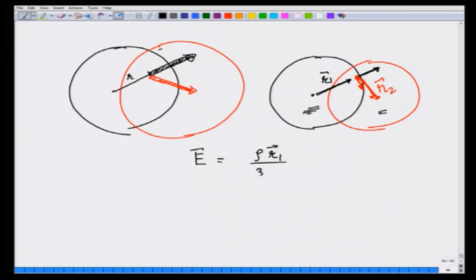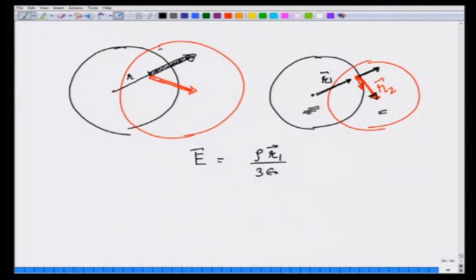r1 divided by 3 epsilon 0, and since r2 is already in the direction of the electric field, I can write this as plus rho r2 over 3 epsilon 0. Combining them together, I can take rho over 3 epsilon 0 out. I have r1 plus r2.